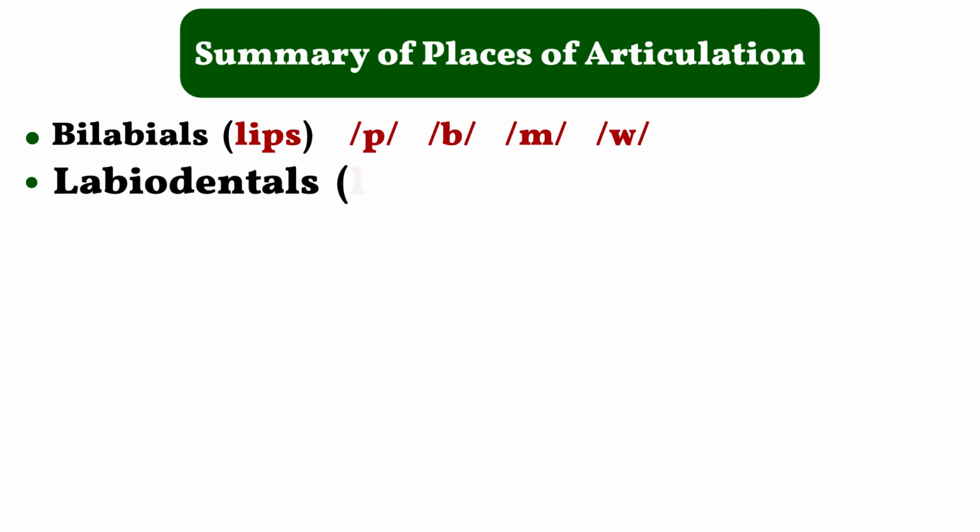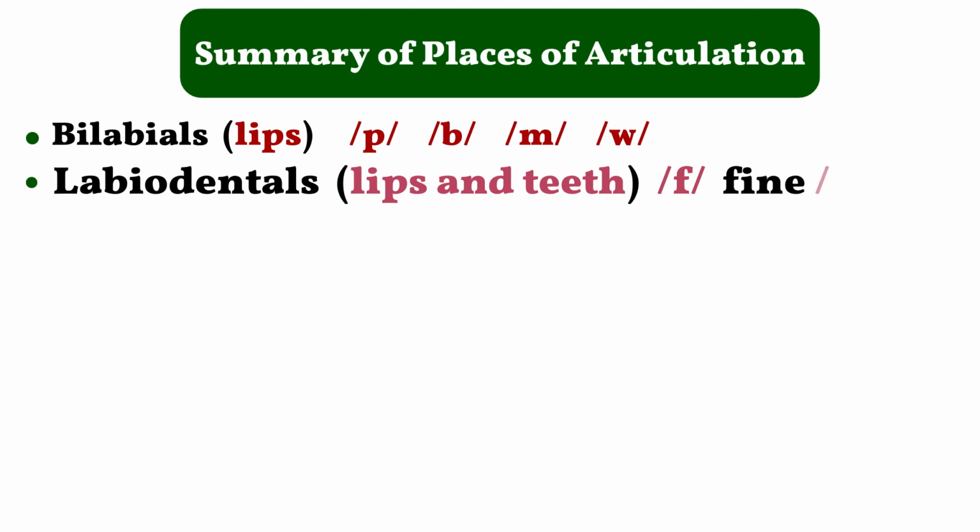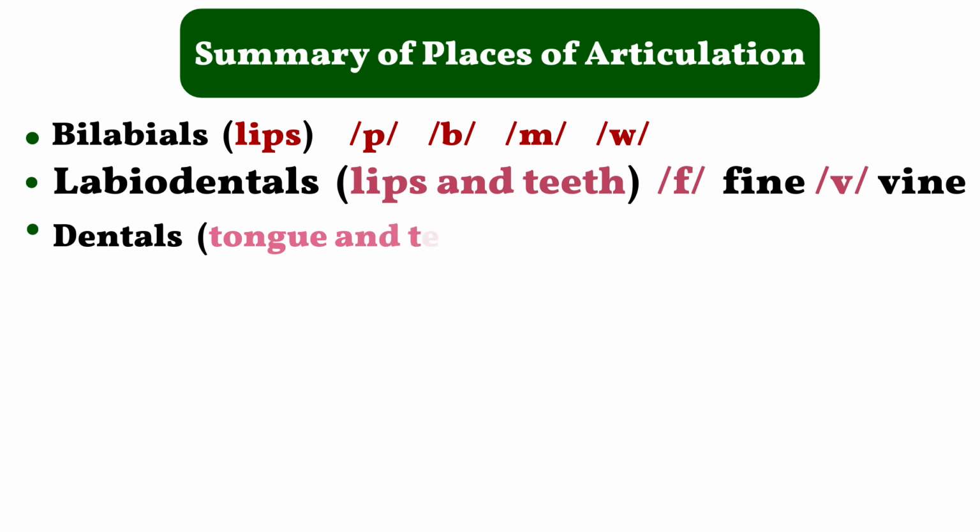Now here the contact is between the lips and the teeth, like in f, fine, v, vine. Dentals. Now here we think about the tongue and the teeth, like in thin, th, or then, the.